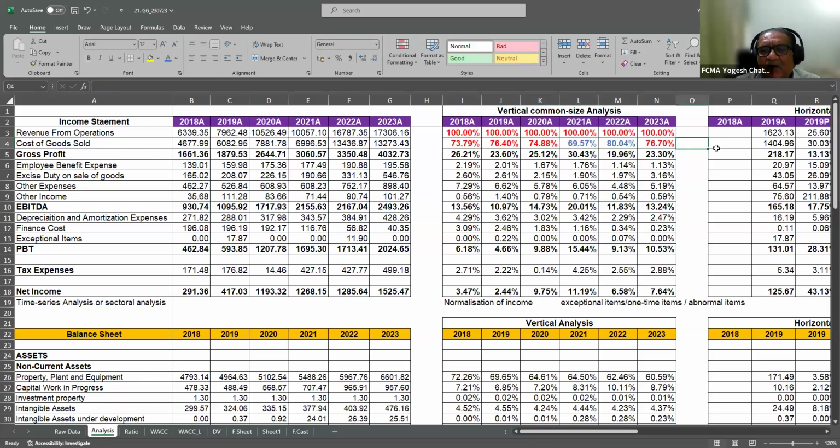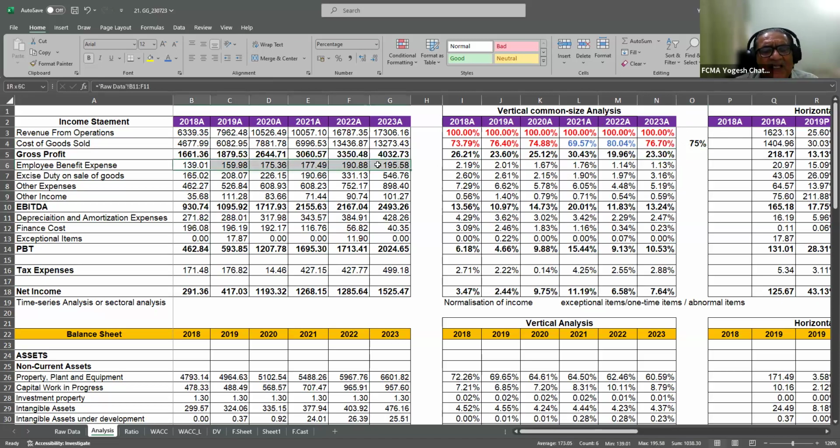So we can conclude that the cost of goods sold of this company is around 75% of the revenue from operation. And when we are making the projection, we can comfortably take 75% as the cost of goods sold. Gross profit is a resultant figure, revenue from operation minus the cost of goods sold. So that is our gross profit.